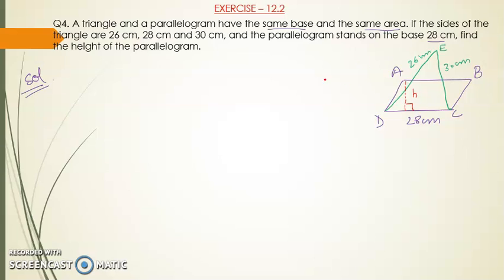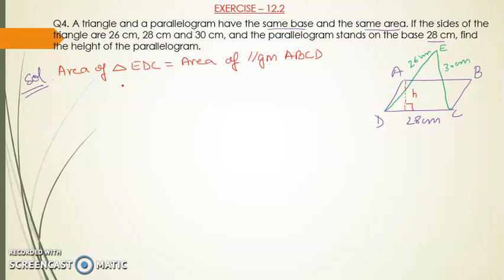Now what is given to us? It is given to us that a triangle and parallelogram have the same base, so this we have done, and the same area. This means area of triangle EDC is equal to area of parallelogram ABCD.